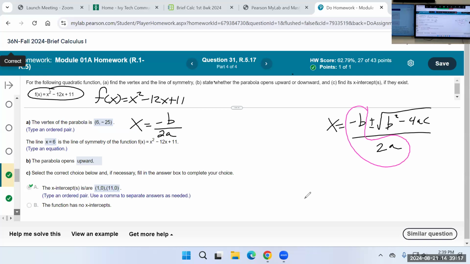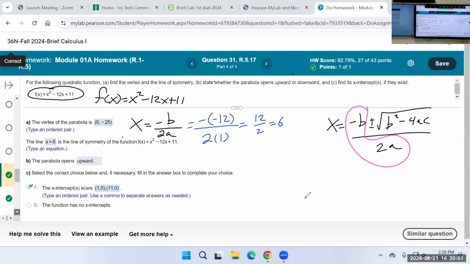That's where the vertex is located on the horizontal, and where it is on the vertical, you would just plug that point into the original function. So let's see that in action. For this function, that would be negative 12 over 2 times 1, so that would be positive 12 divided by 2. That's 6. So x equals 6.